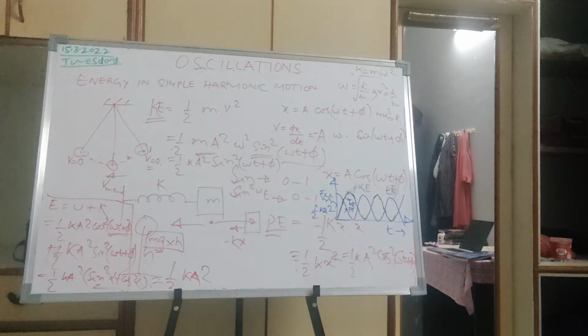So just remember the total energy is half k a square. If you know the amplitude of the motion, the total energy is half k a square. Remember that the maximum velocity is at the mean position. At the extreme position, velocity is zero, so kinetic energy is zero.